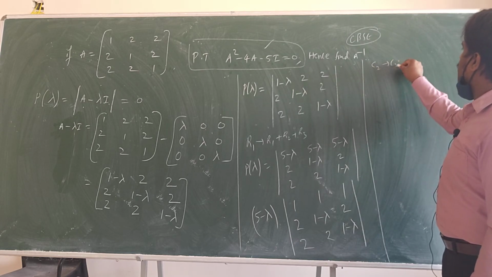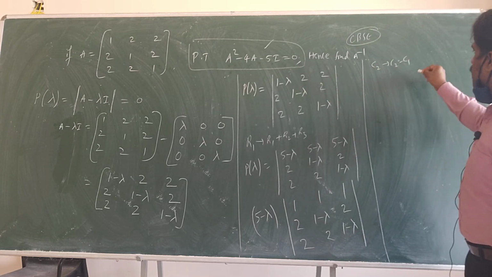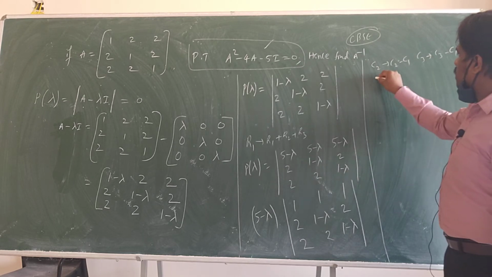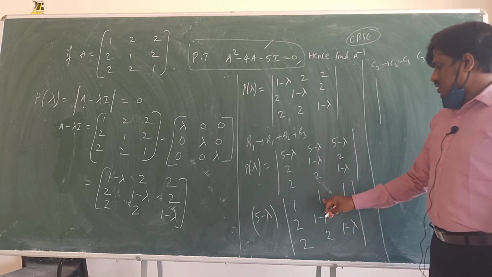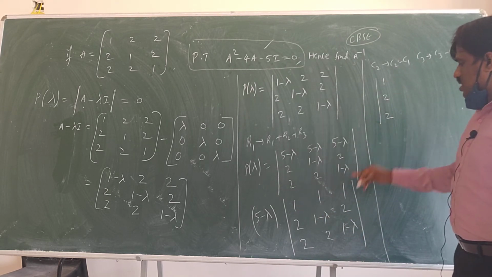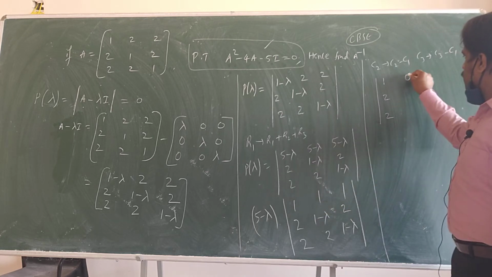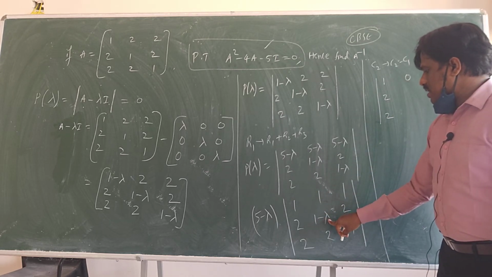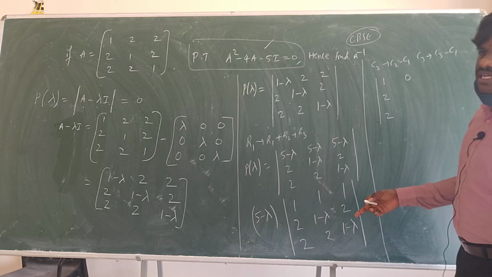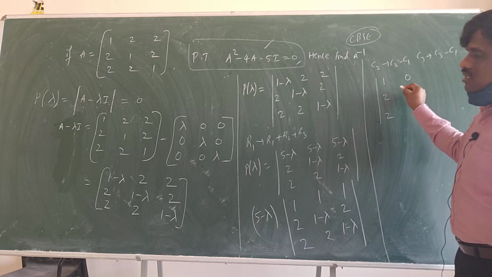C2 implies C2 minus C1 and C3 implies C3 minus C1. So in C2, with C1 the same, 1 minus 1 is 0, and 1 minus lambda minus 2 is minus lambda minus 1. Right?